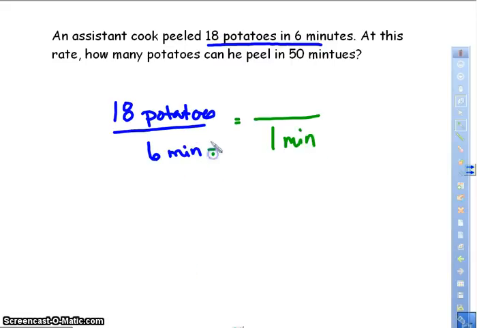Okay, so I'm going to divide this by 6, divide this by 6. 18 divided by 6 is 3. So he peels 3 potatoes, okay, per 1 minute. Now, if he does 3 potatoes per 1 minute, I want to know how many potatoes he's going to do in 50 minutes. So I can convert this 1 to 50.